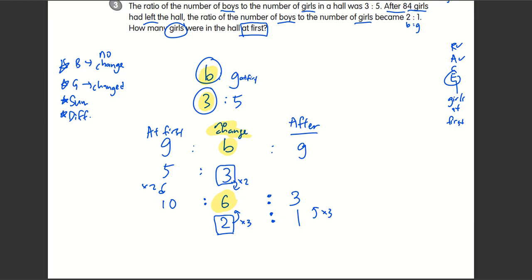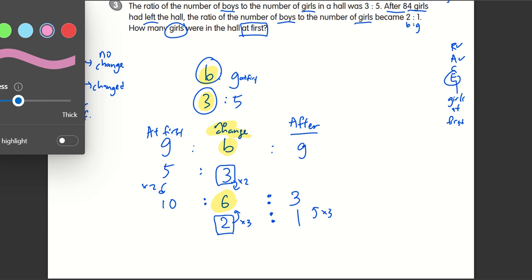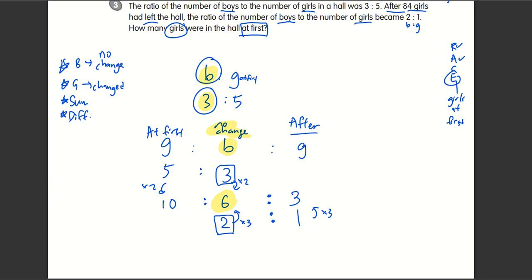So now I have the equivalent ratio here, because boys is not changed, is 6. So I have girls at first 10 units. After, it became 3 units. And that's 84 girls have left. So that's how the girls have changed.